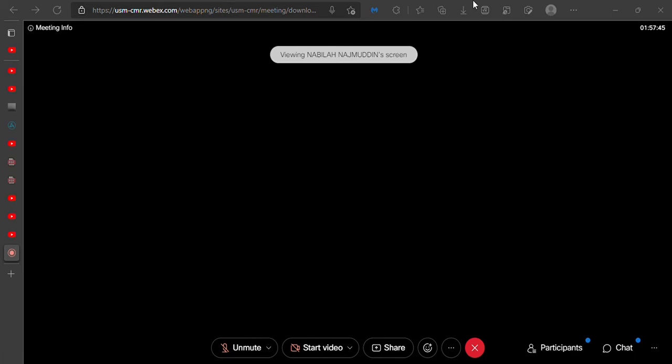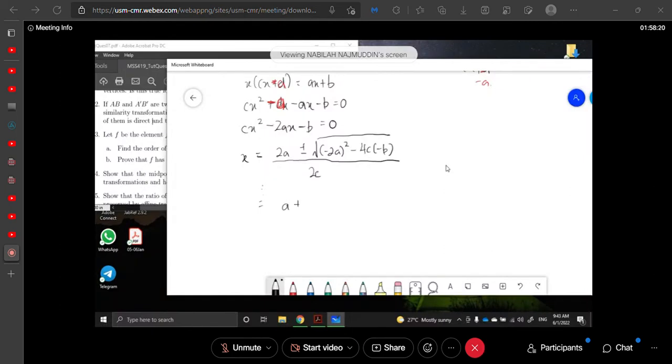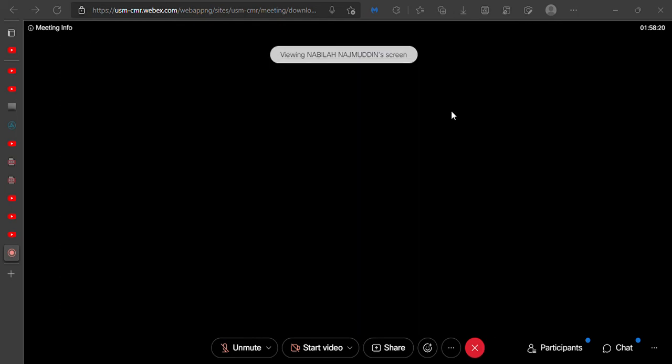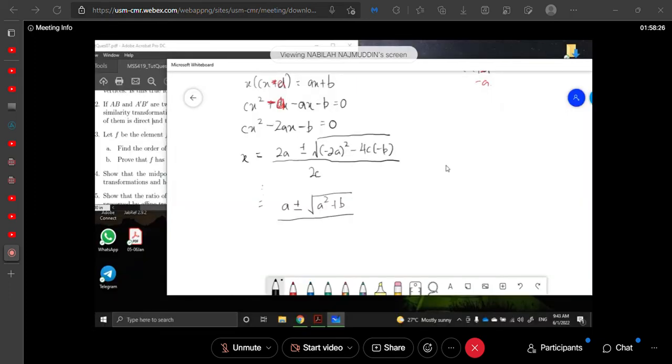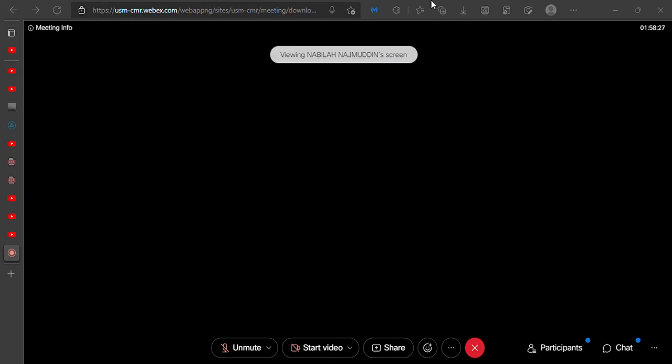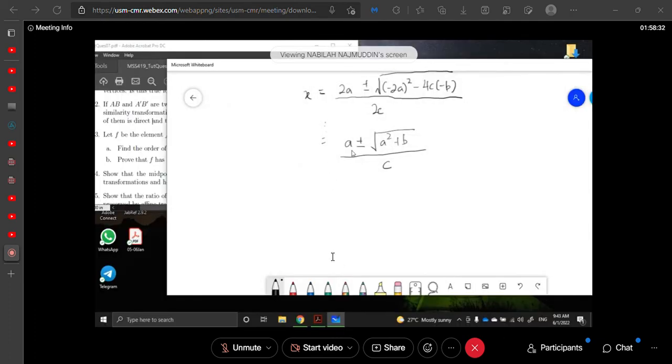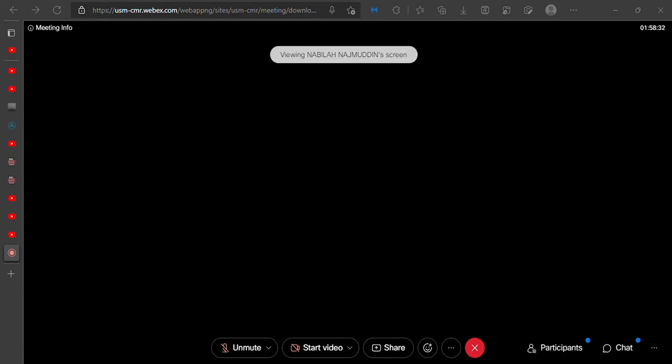Continue this, you will obtain X is actually equal to A plus minus the square root of A squared plus BC, over C. Then we just let point P. See this already. This is actually X, the 2 fixed points.